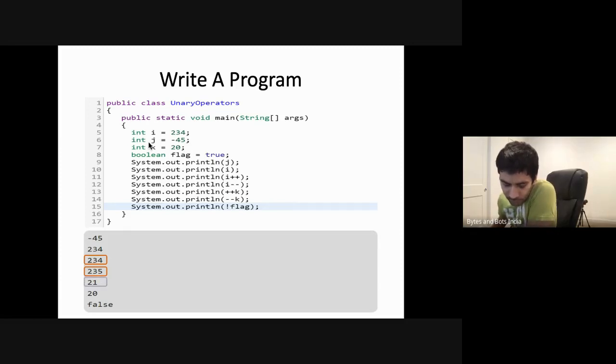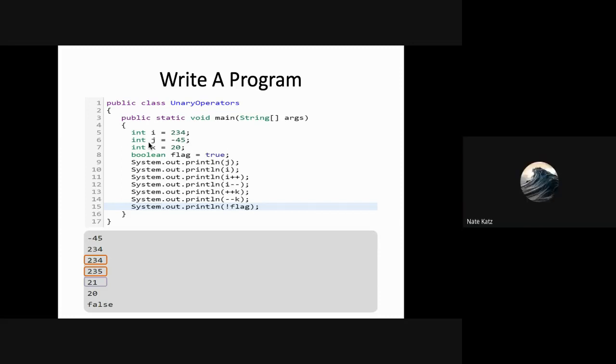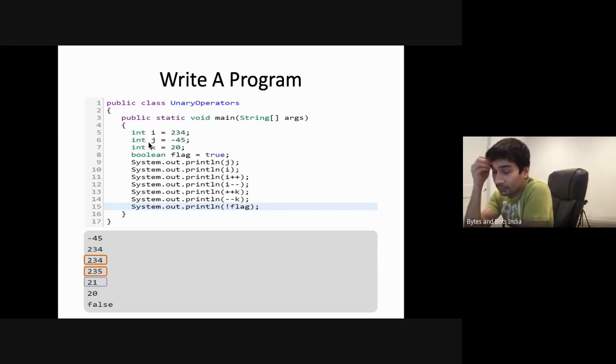The next one, let me pick a name. Nate, do you want to take a guess? Why do we have 21 in the result here on line number 13? Because you did plus plus k, so it's like you're incrementing k by 1, right? Yeah. So right here, you're right.